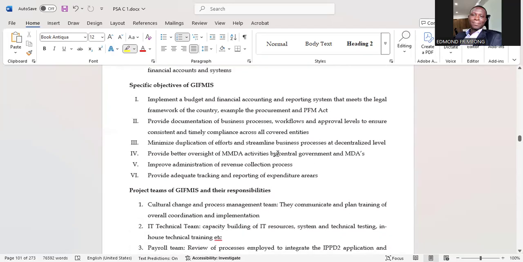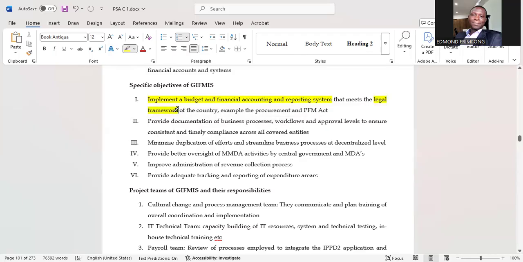Now, what are the specific objectives that GIFMIS seeks to achieve? GIFMIS has come to help implement a budget and financial accounting and reporting system that is consistent with meeting legal and regulatory framework.